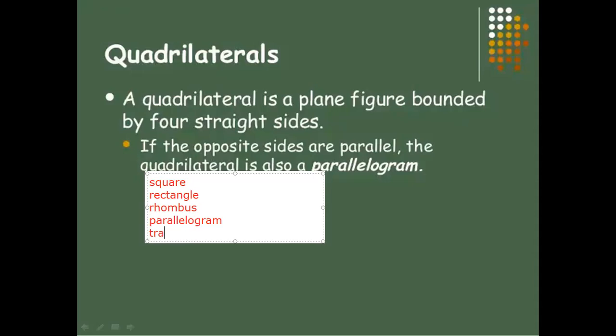What type of quadrilateral? Trapezium. And the last one is? Square, rectangle, rhombus, parallelogram, trapezium, and the last one is four letters only? Kite. Okay. So these are the six types of quadrilaterals that we studied before.